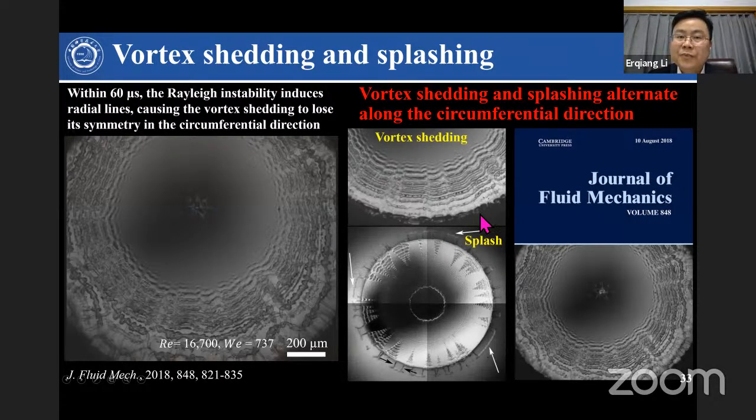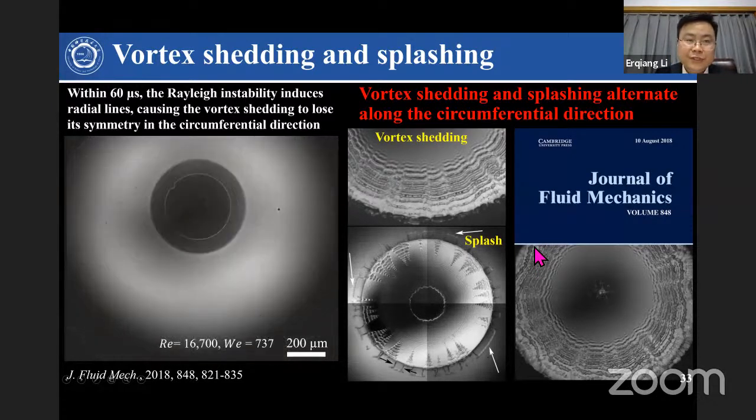We think vortex shedding and the splash alternate along the circle direction. So the very early instability from the sharp corner of the ejecta sheet between the two liquid-air interfaces causes this radial line, which breaks the symmetry of the vortex shedding, and then later breaks the splash symmetry.